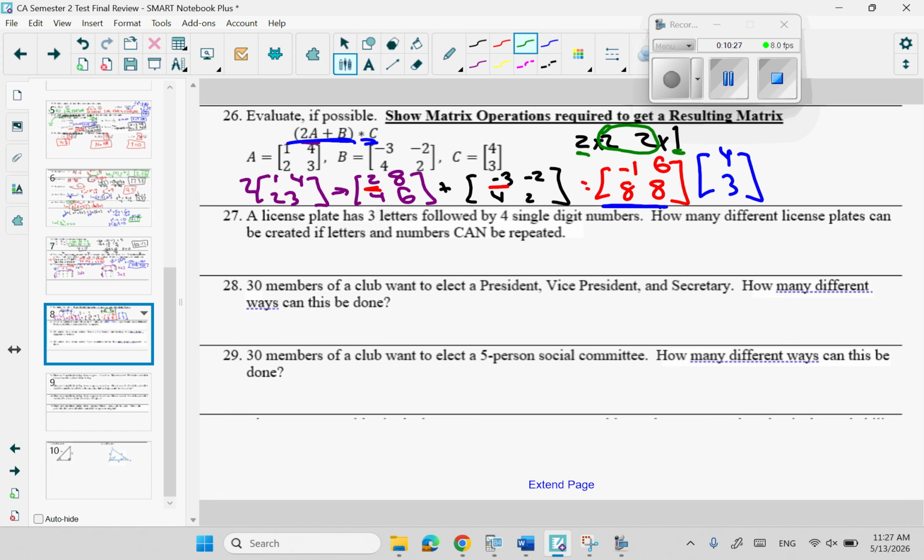And of course, we can see that 2 by 1 is the result matrix. Remember that anytime I'm multiplying, it's always row times column. So I'm going to get negative 1 times 4 plus 6 times 3 over 8 times 4 plus 8 times 3. So that gives us 14 and 56 as our 2 by 1 matrix.